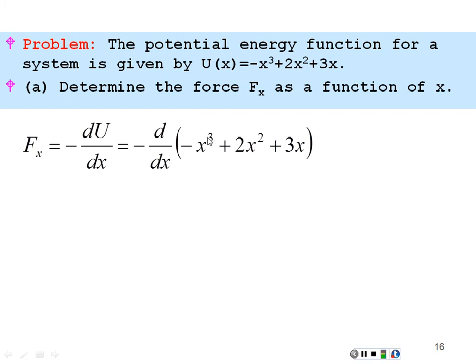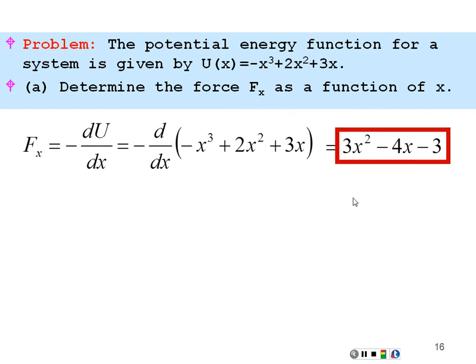For x cubed, we decrement the x cubed, and we're going to have 3x squared for that. Negatives cancel out. And the second term is going to be 4x times a negative 1, or negative 4x. The last term is just going to give us a 3 for our derivative, and times a negative 1 will give us a negative 3. So there's our force responsible for this potential energy function.